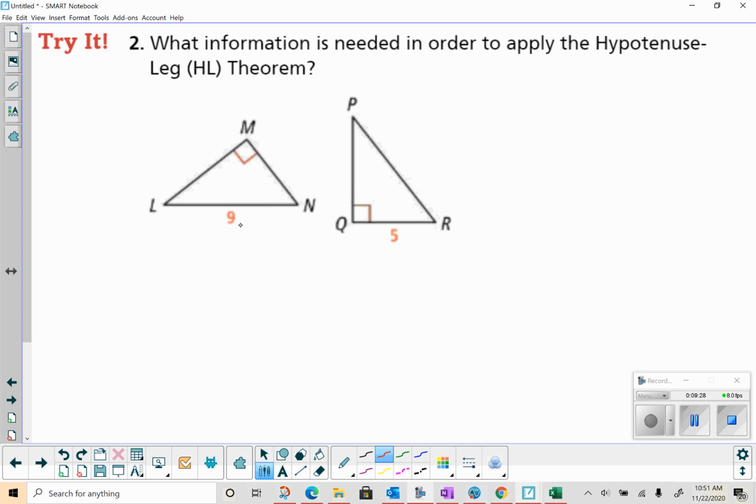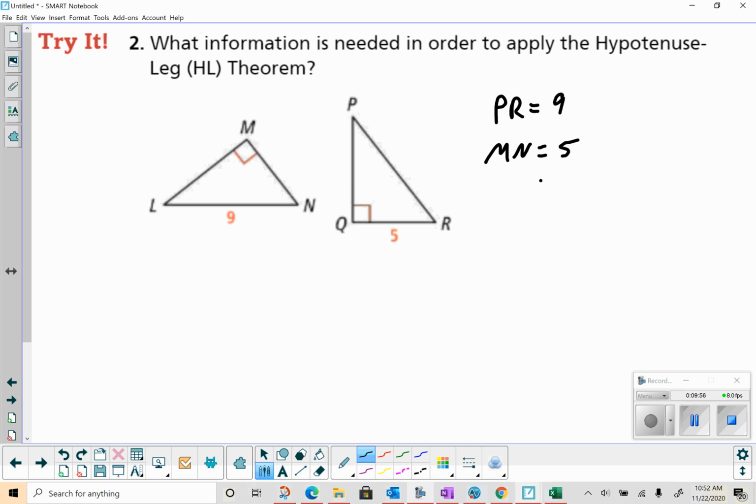So what information do we need to know in order to say that these two are congruent? We need to know that segment PR, the hypotenuse of this triangle, has a length of 9. And then we need to know that segment MN, the leg over here, is 5.